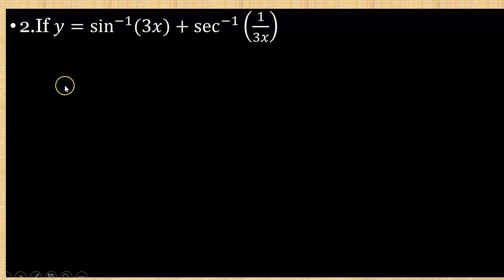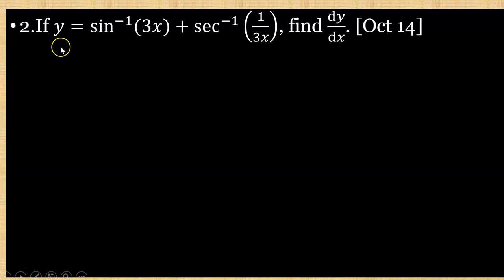Second question. If y is equal to sine inverse of 3x plus sec inverse of 1 upon 3x, then find dy by dx. This example was asked in the October 14 examination.